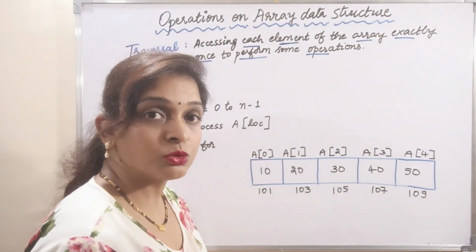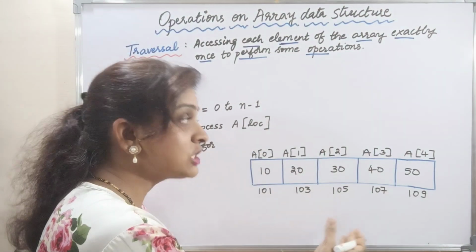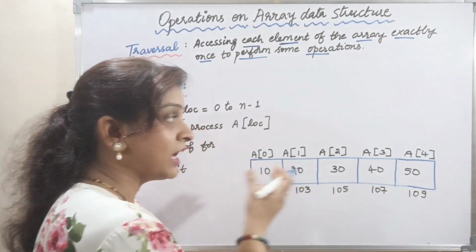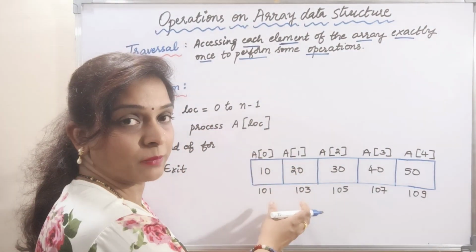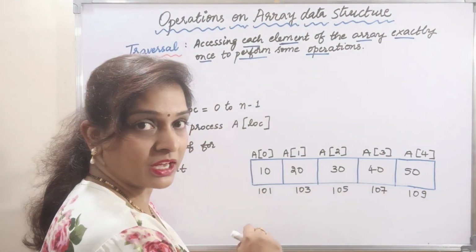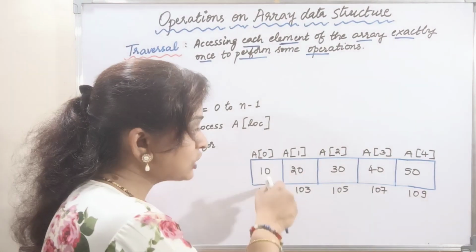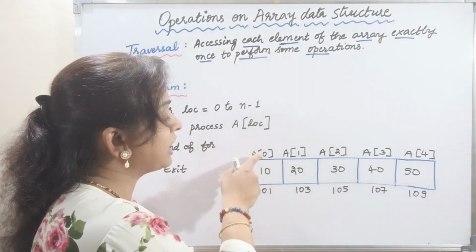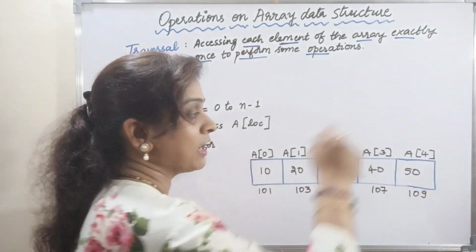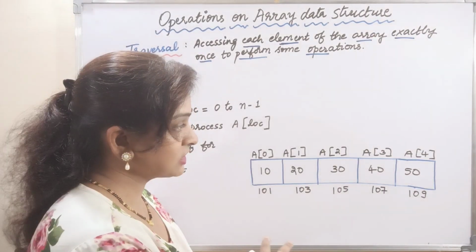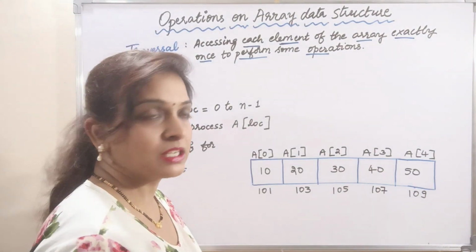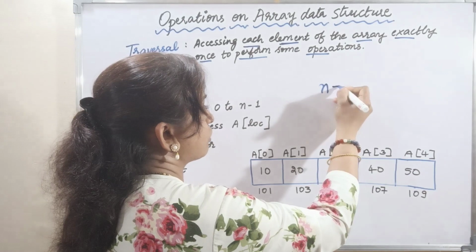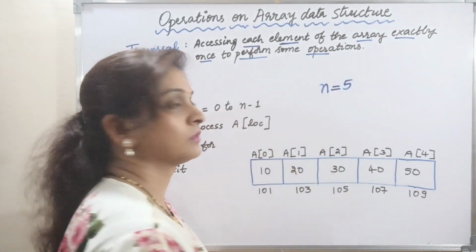So what do I need to do? I need to search for that element, in the sense I have to traverse the array. I have to travel into the array and visit each and every element present, right from the index 0 up to n minus 1. So this is the array which is storing 5 elements. Say, for example, the size n is 5.